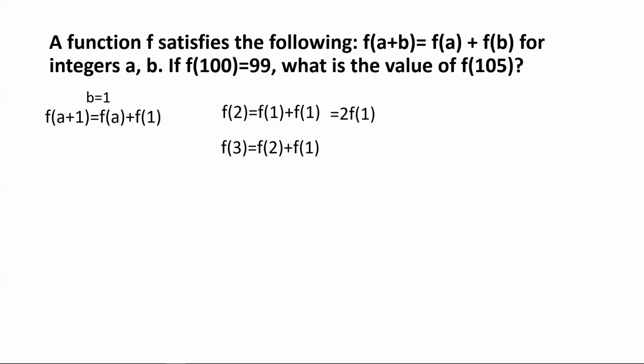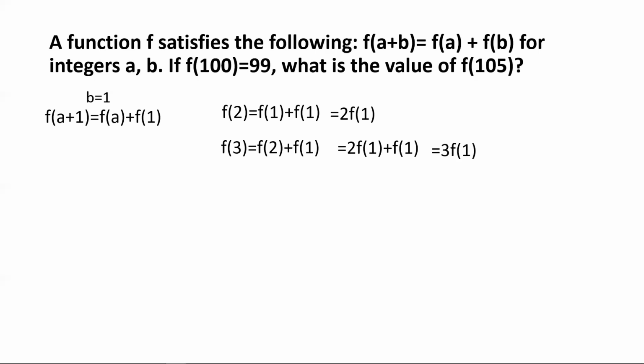So what about f(3)? Well, we can write f(3) is equal to f(2) + f(1), right? So now a is 2, so we have f(a + 1) equal to f(3) on the left hand side, and on the right hand side we have f(2) + f(1). But we already know that f(2) is 2 times f(1), so we substitute that here, and we now get 3 times f(1).